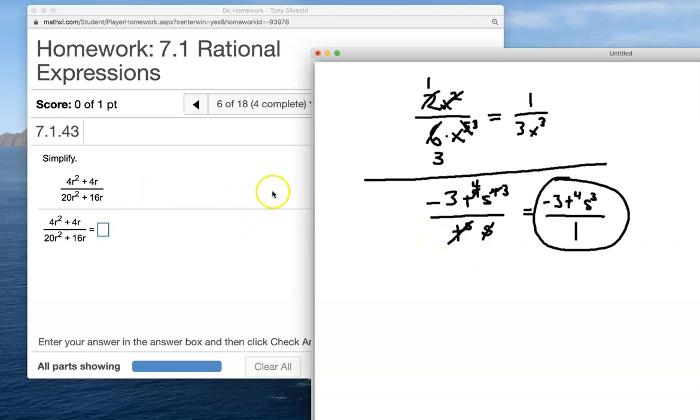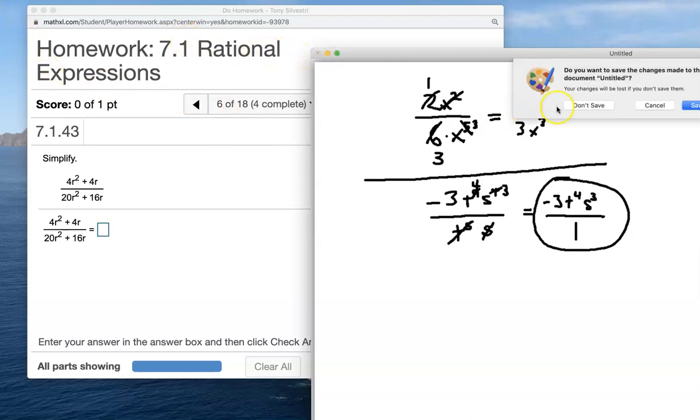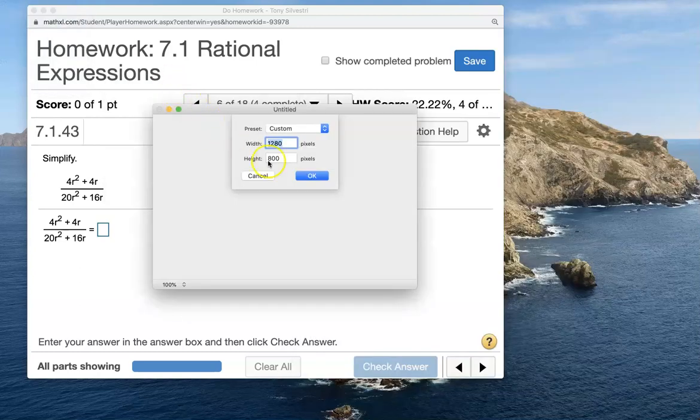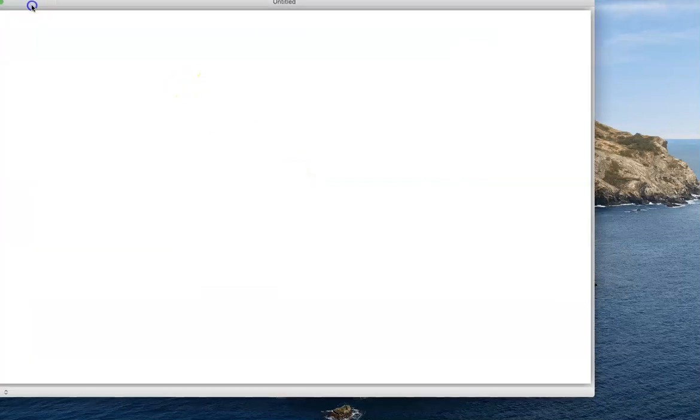Now it starts to get somewhat interesting. File, let's close this up. File, don't save. File, new. Okay, start a new box here.